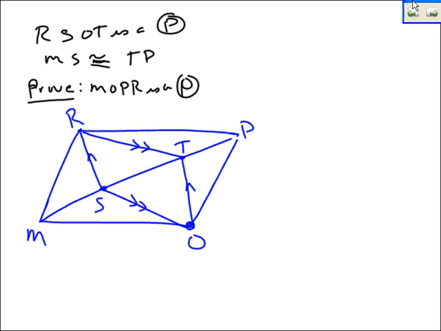And MS and TP are in fact equal. So what we need to prove is the outer one, MOPR, is also a parallelogram. Okay.